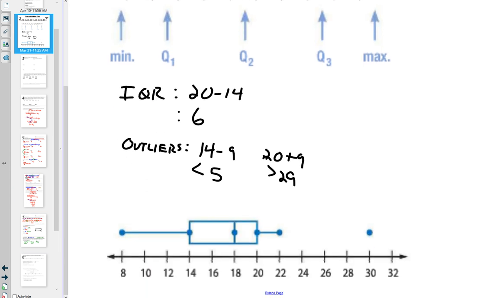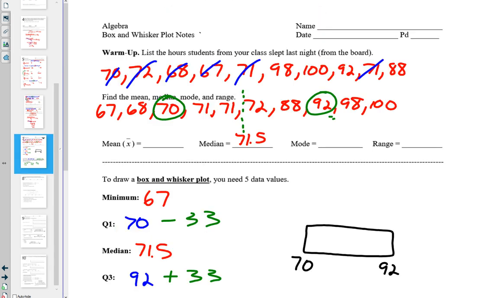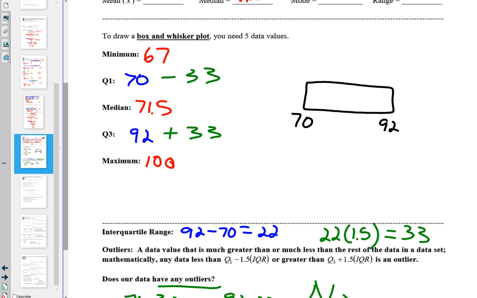I'm not going to draw a number line. I'm just going to label the numbers. So 70 and 92. The median of 71.5, is it closer to 70 or 92? 70, yeah. So definitely this little line here in the middle. It might not be perfectly to scale, but it definitely needs to be closer to 70. So the 70, 71.5. Okay.